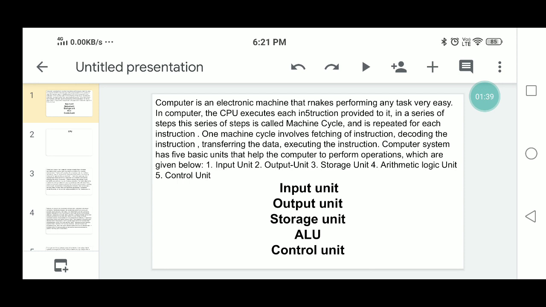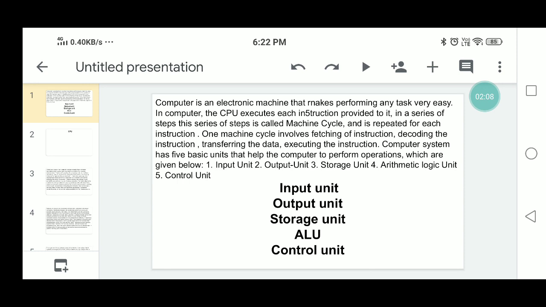In a computer, the central processing unit executes each instruction provided to it in a series of steps. This series of steps is called the machine cycle, and it is repeated for each instruction. The machine cycle involves fetching the instruction, decoding the instruction, transferring the data, and executing the instruction.